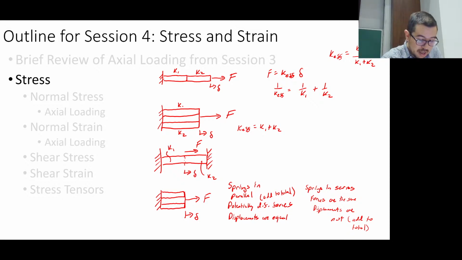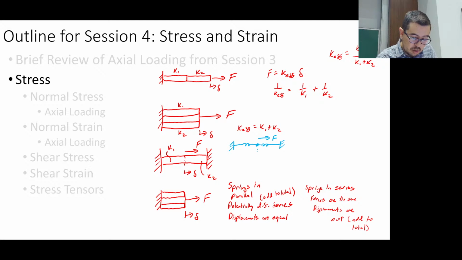All right. So we can write this out as follows. We put a node in there, and we say, hey, there's a force acting on that node, and I have a delta there. Okay, big whoop-de-doo.